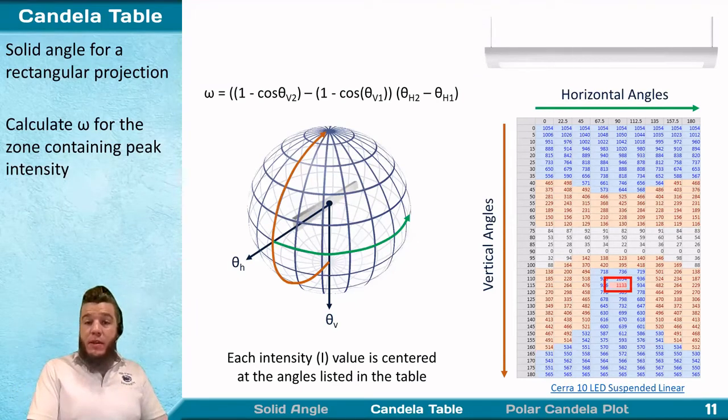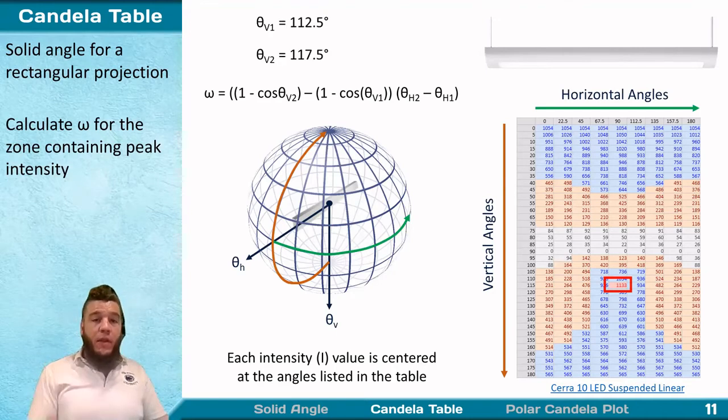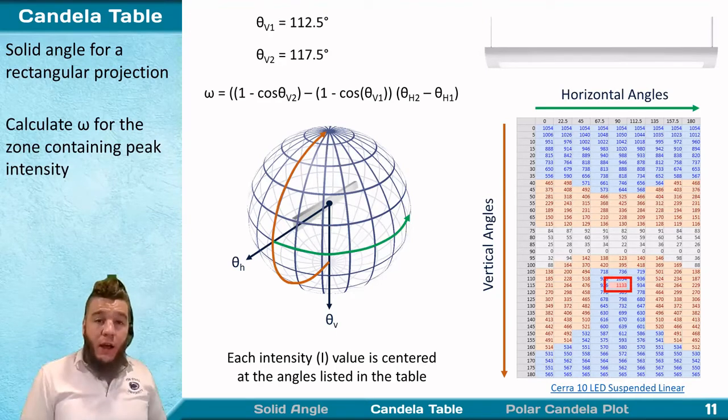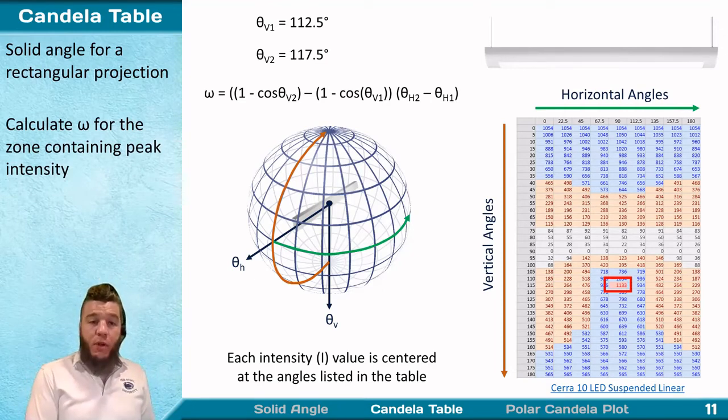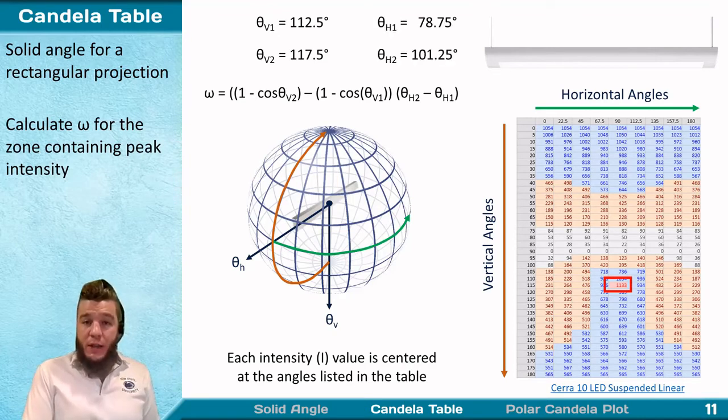The next step in this process is defining the vertical angles 1 and 2. Going just above 115 and halfway to 120, we get to 117.5. And on the bottom side, it's 112.5. So that's theta V2 and V1. Then our horizontal angles are defined similarly.